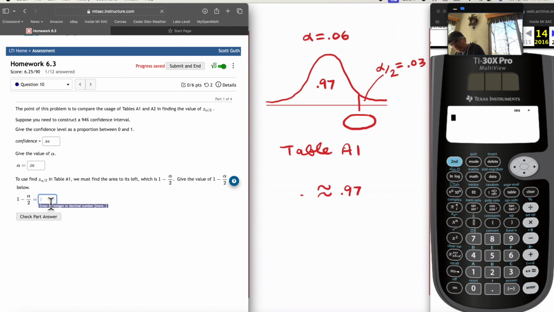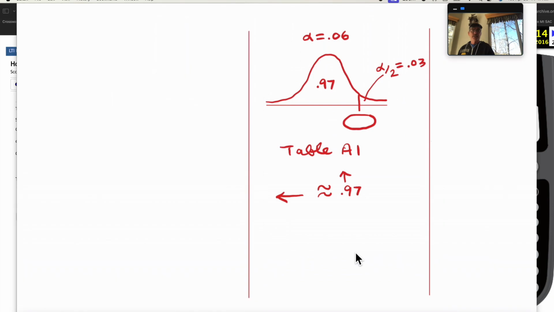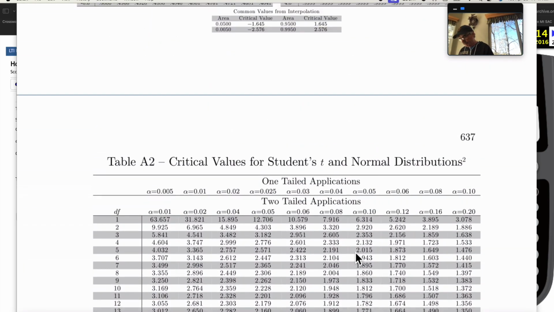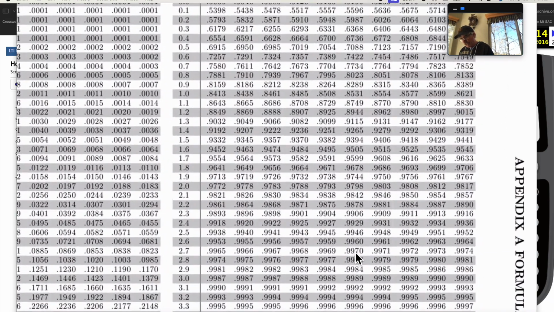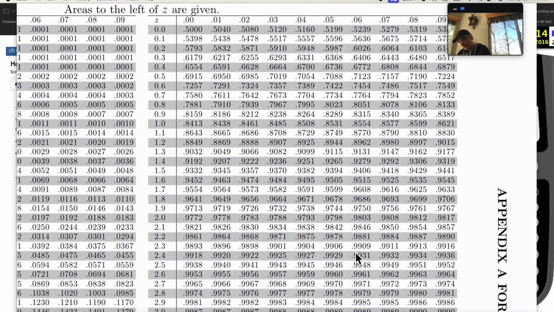And then you would go out to the edges to figure out your z-score. So let's just take a second and do that. So I'm just scanning for a 0.97. There'll be something that's pretty close, and that's all we need is pretty close.